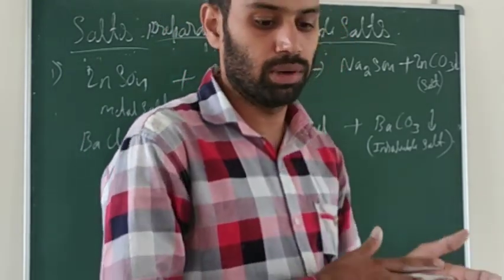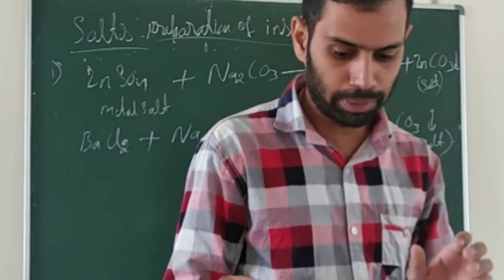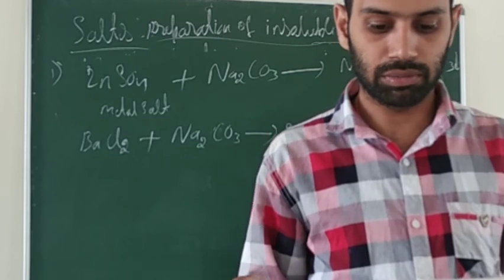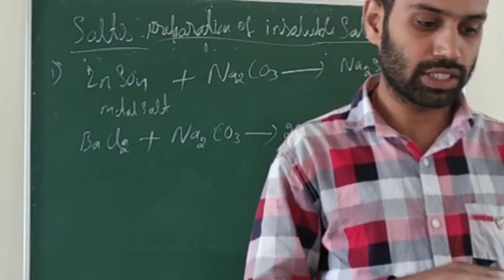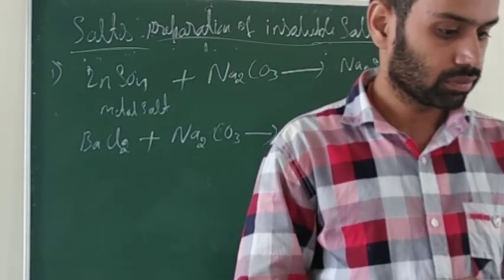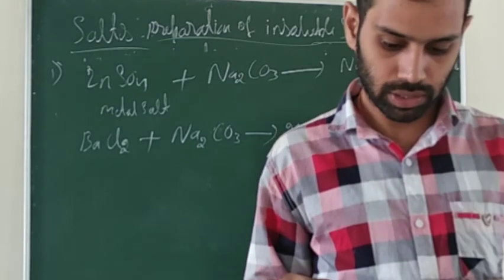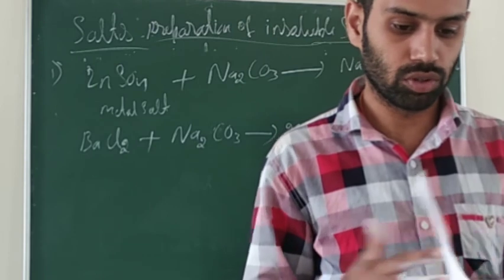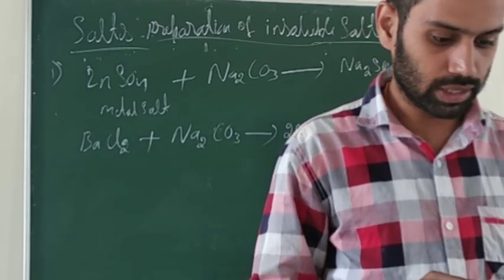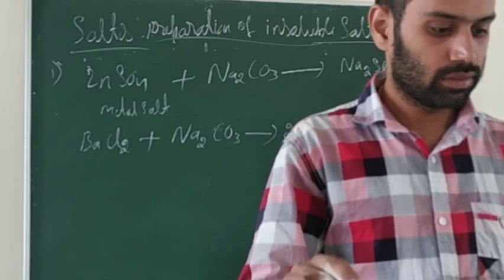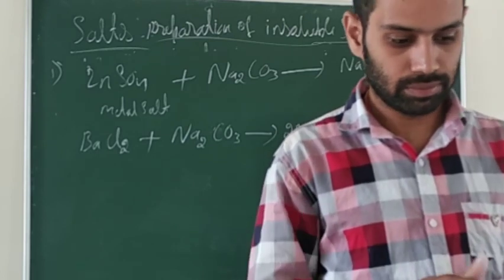So these are a few preparations of insoluble salts, and a few laboratory preparations are also there. They are given in your textbook under laboratory preparation of some salts, so you can read them yourself. You have to do them in the laboratory when the school opens.